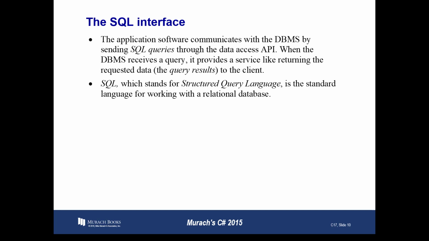The application software, as mentioned here, communicates with a database management system. It sends queries. All right, queries are questions. When the DBMS receives a query, it provides a service. Typically, what happens is it goes out and requests the associated information from a database server. And then it returns the requested data or the query results to the client.